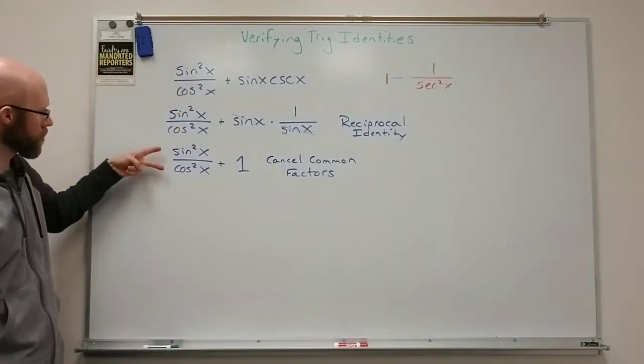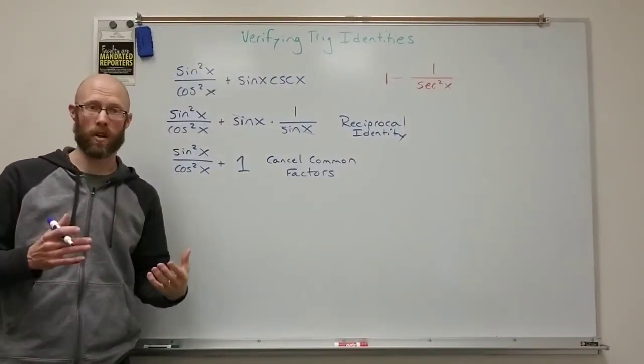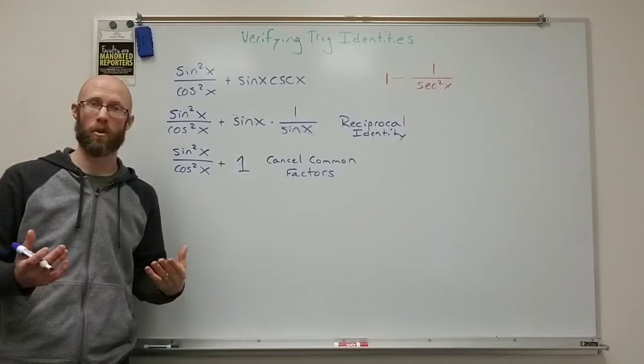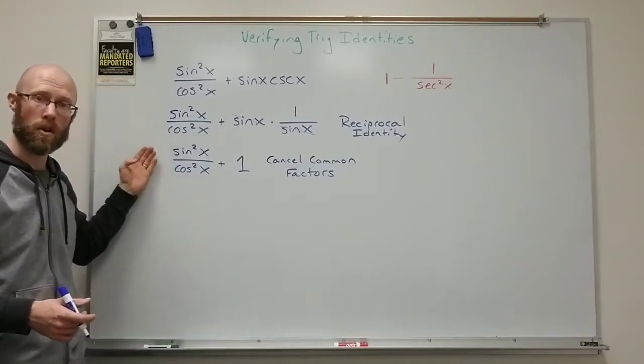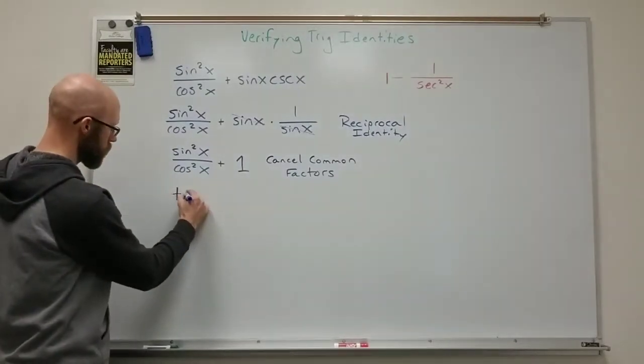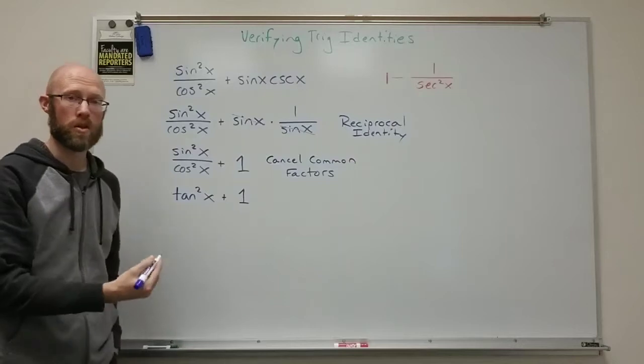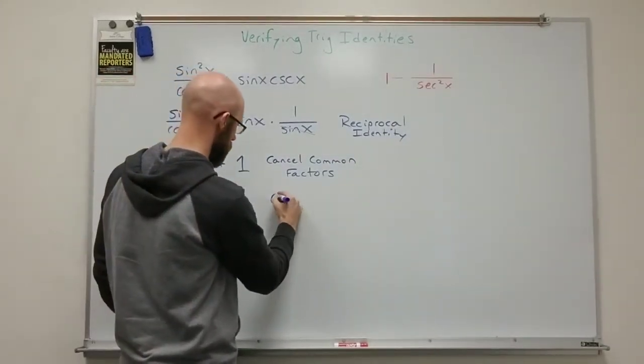At this point, I notice that the sine squared over the cosine squared, well, I know the sine over the cosine is the tangent, right? That's a quotient identity. And so the sine squared over the cosine squared must be the tangent squared. So this would be equivalent to the tangent squared of x plus 1 using a quotient identity.